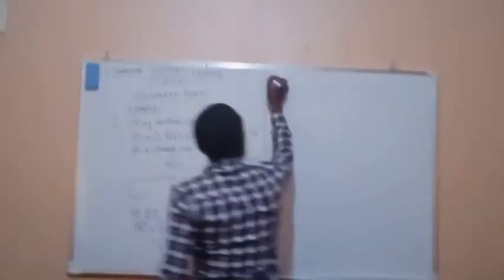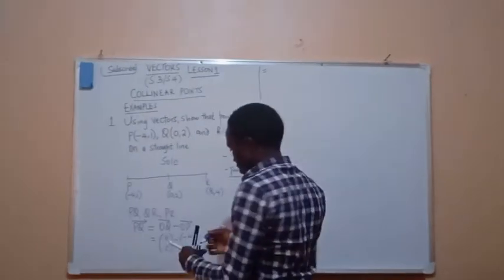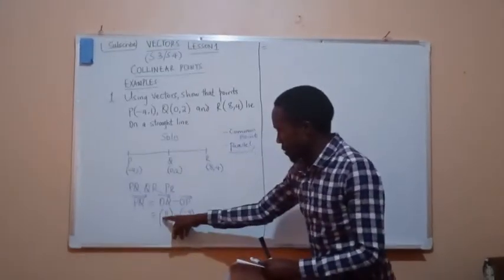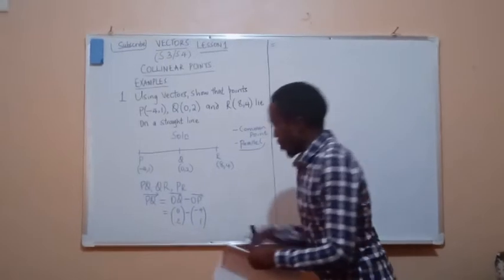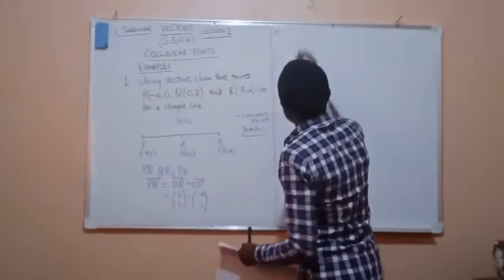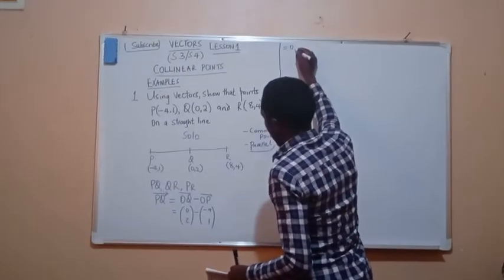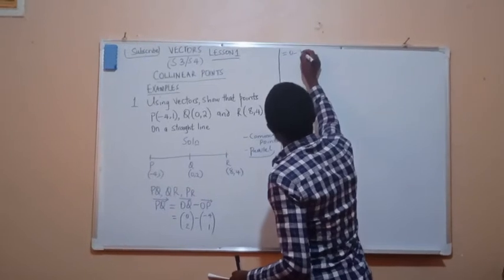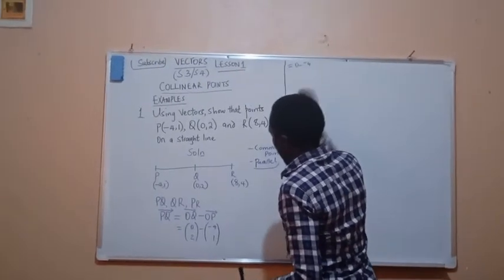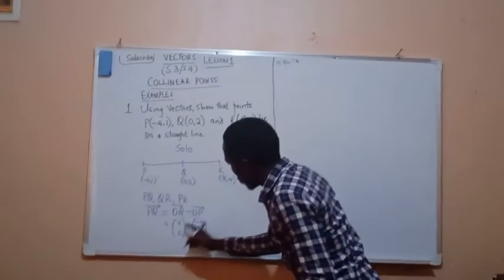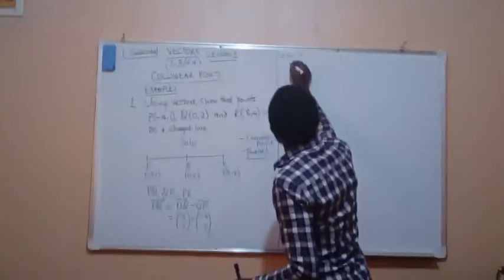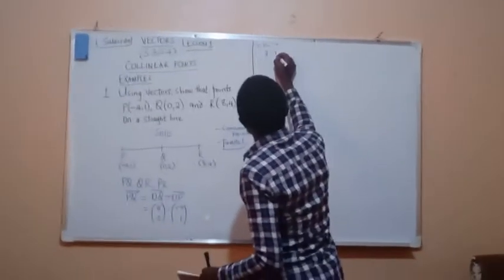From the little work we have already covered, we can deal with this vector. We are going to subtract this column vector, and it's going to be 0 minus negative 4, and this one will be 2 minus 1.